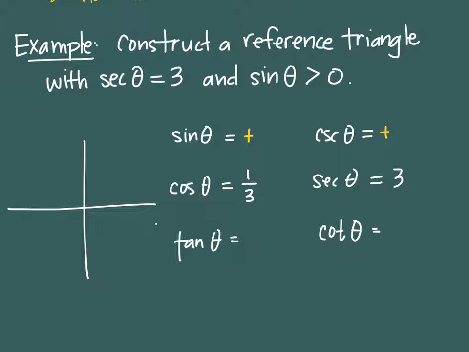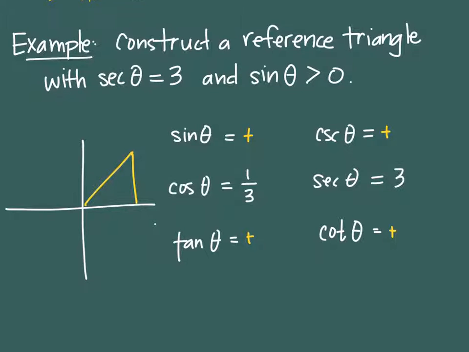I already know that cosine and secant are positive as well, so I have 4 positive things, which means all of them are positive. If the first 4 are positive, everything's positive, because that's going to put me in quadrant 1. If everything is positive, I'm in quadrant 1. So now I can draw a triangle in quadrant 1.